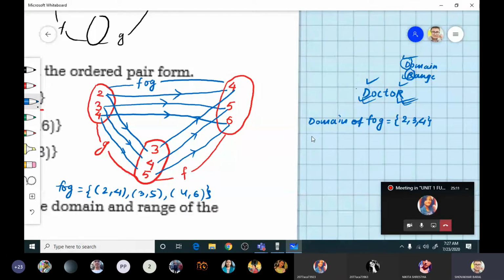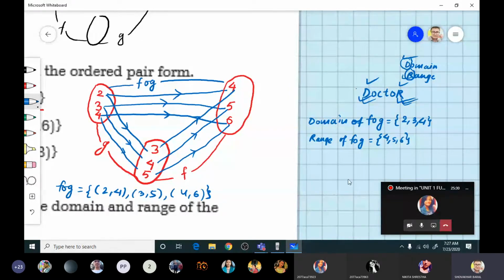And the range of F composite G is equal to the second set, that is 4, 5 and 6.